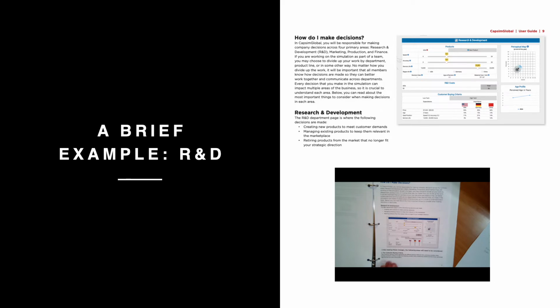And so you can see here at the bottom, the customer buying criteria is one of the most important areas there. How do we mobilize that in our simulation? Well, we have a few levers we can pull. We can take a look at the speed of the medical diagnostic tests we're producing. We can take a look at their accuracy in terms of how well they're diagnosing, right?